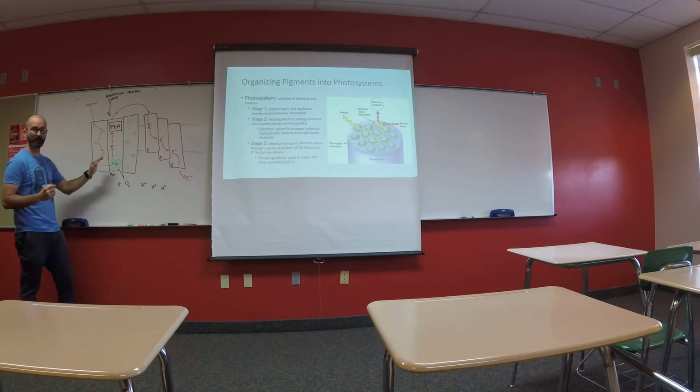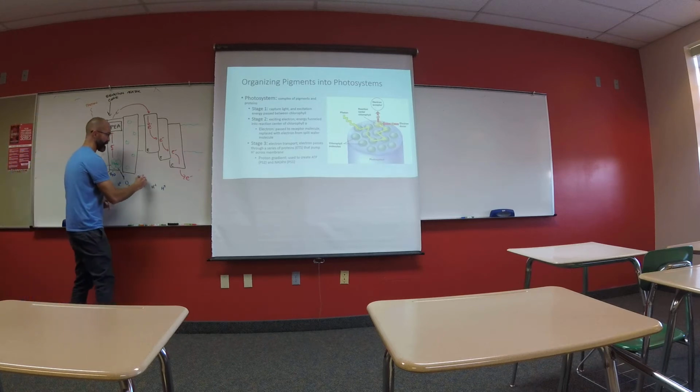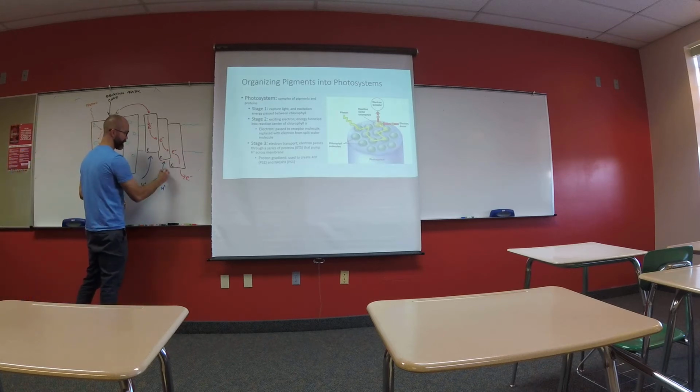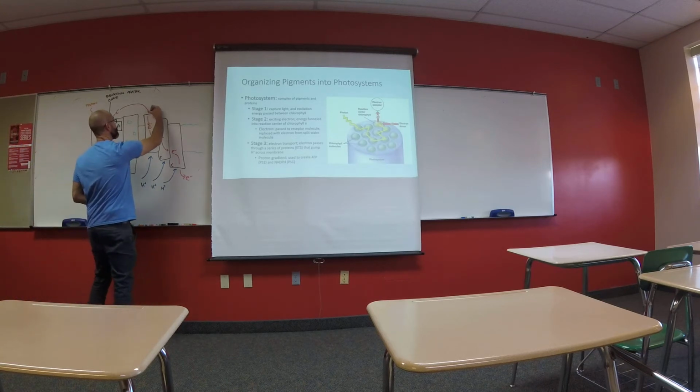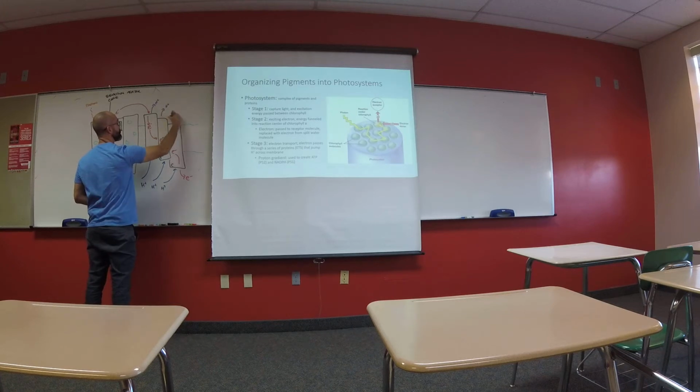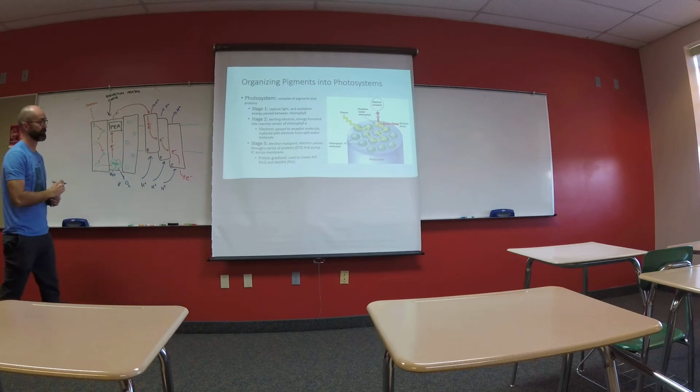So these protons that are all being generated over here by the splitting of water end up coming over here and getting pumped through the membrane and out. Like that.